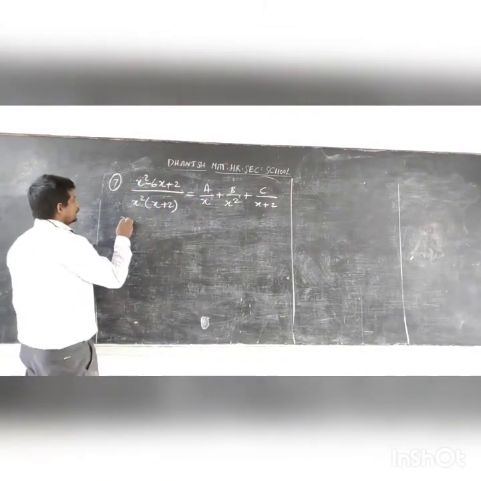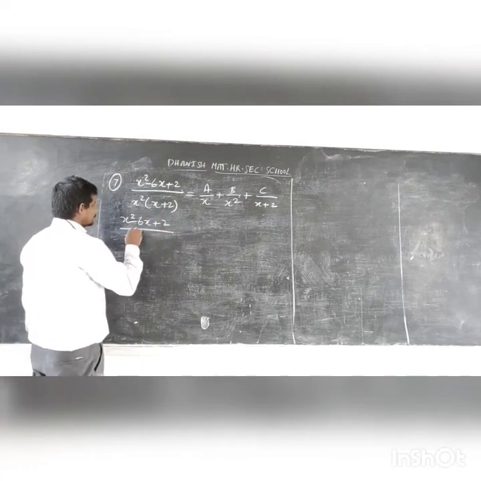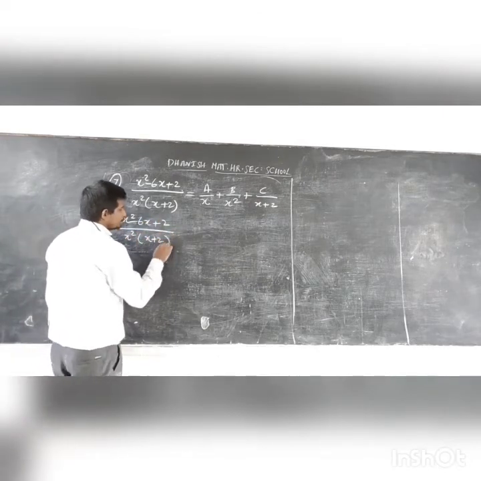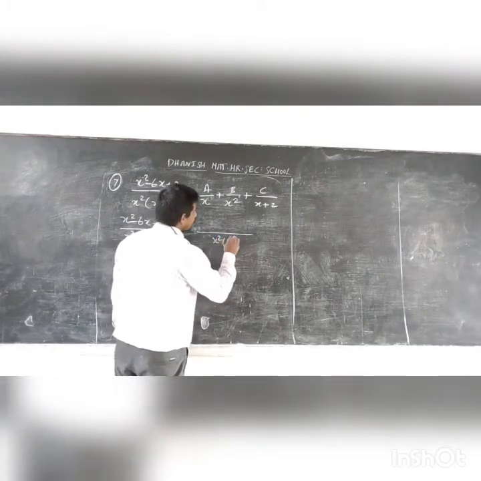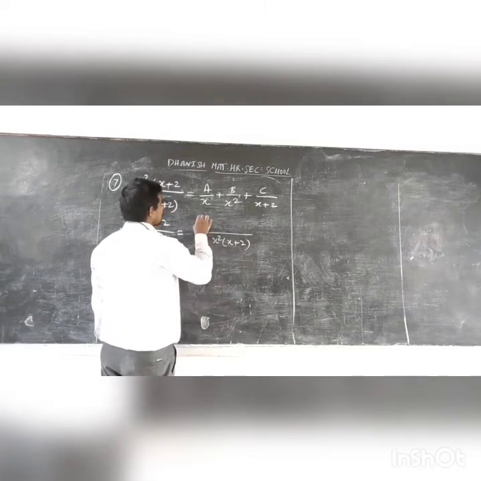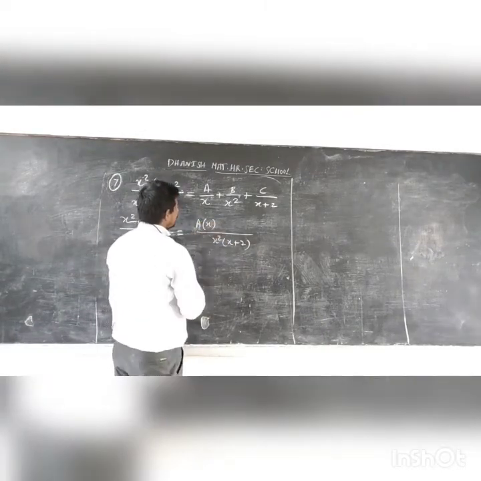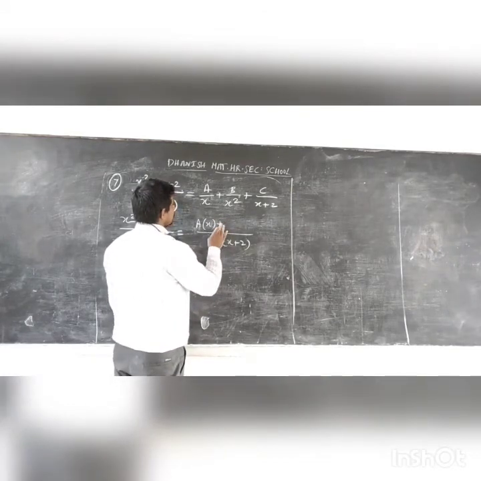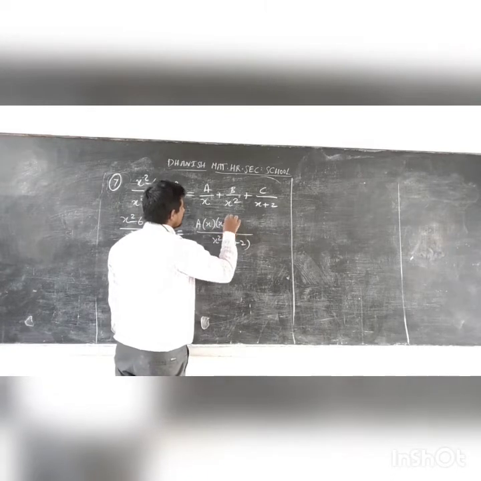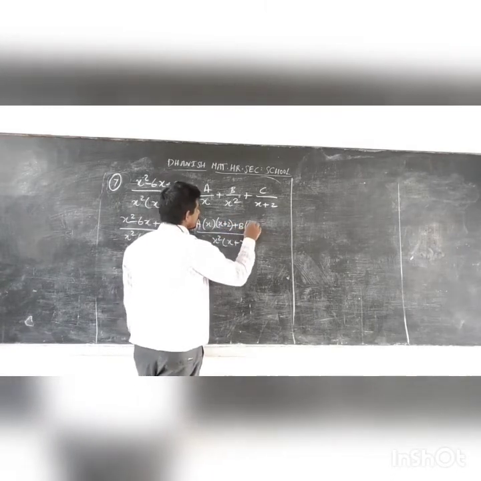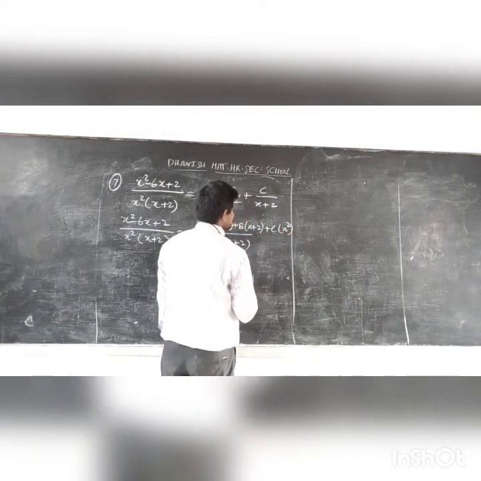The next step would be x square minus 6x plus 2 by x square into x plus 2 equal to, over x square into x plus 2. So the numerator will be a into x into x plus 2 plus b into x plus 2 plus c into x square.